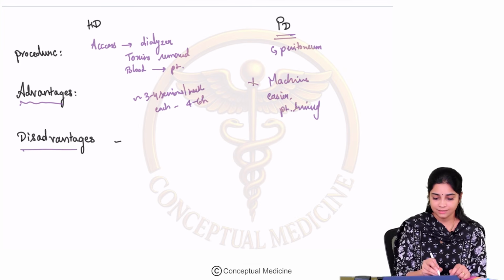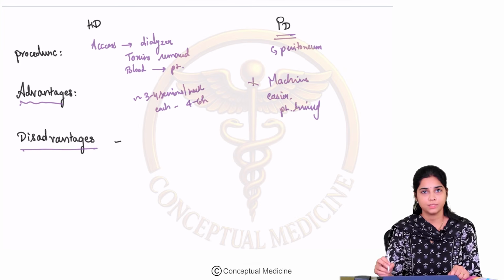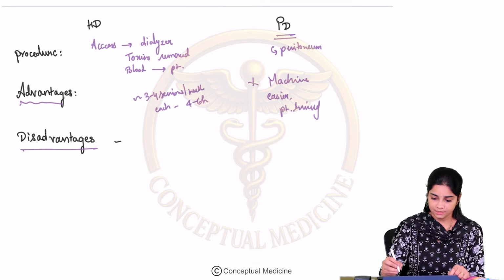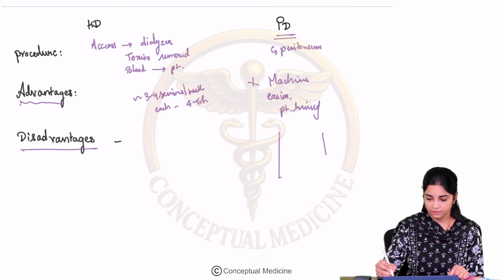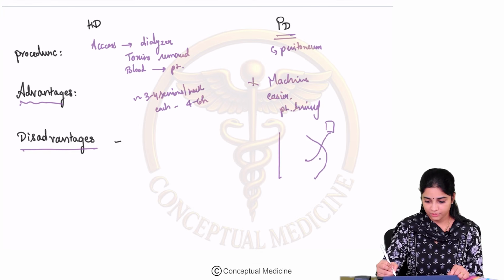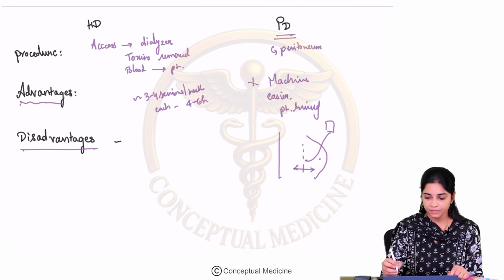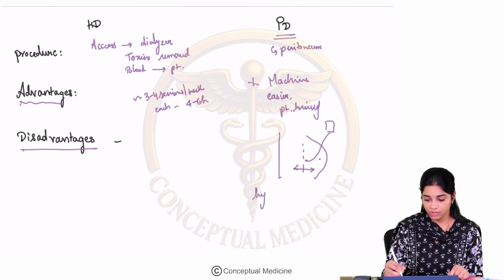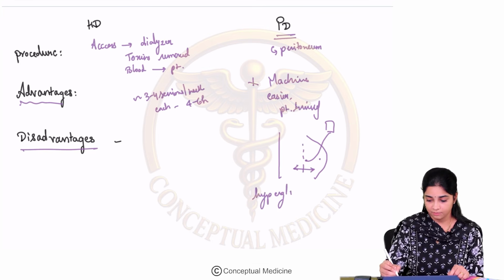But there are certain disadvantages of peritoneal dialysis. If you look at the representative diagram, there is a peritoneal fluid which is going here, and through this membrane dialysis is happening, right? This fluid is very rich in sugar, so there is a chance of hyperglycemia.